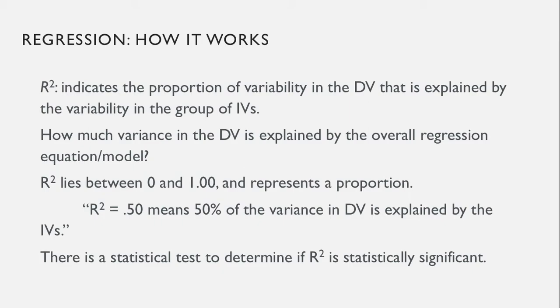R square indicates the proportion of variability in the dependent variable that is explained by the variability in the group of independent variables. What that means is that variables vary. Remember us talking about that? A variable varies. Different people are going to report different things.